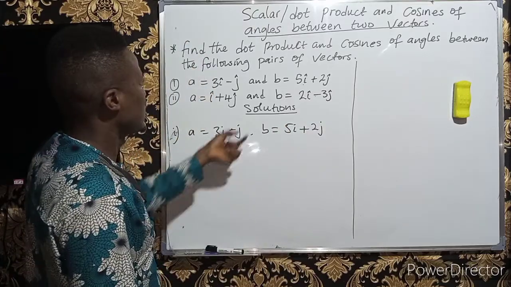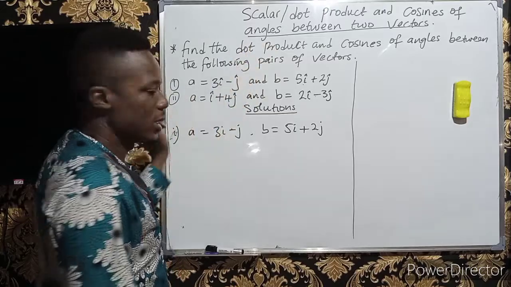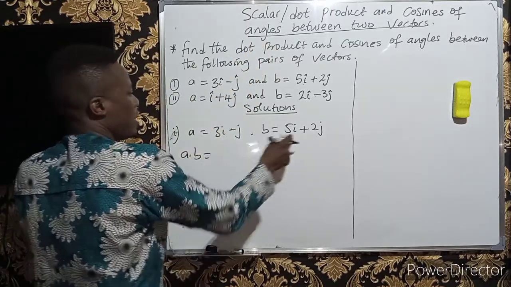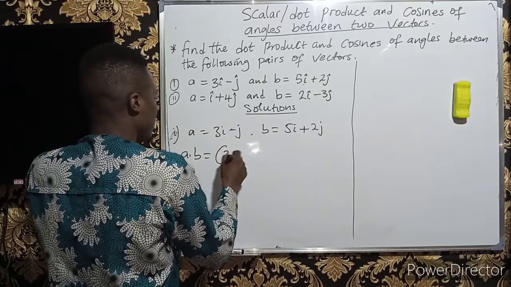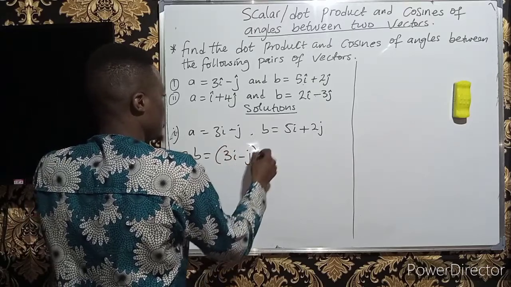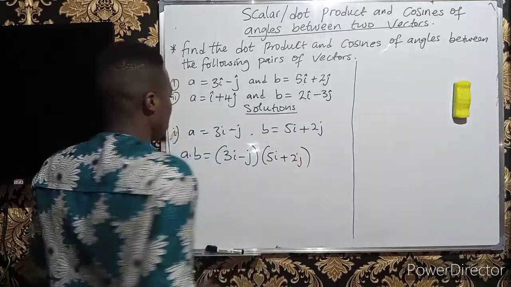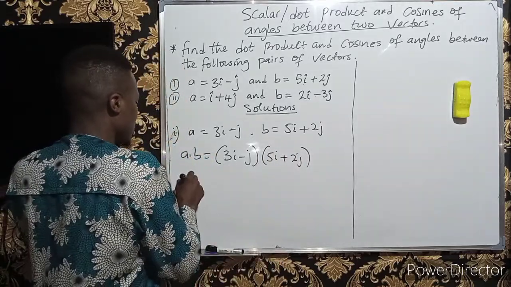First of all, let us get this dot product which they want us to get. Dot product A dot B is multiplying the two vectors. We have (3i minus j) into (5i plus 2j). So let us open the bracket and see what we shall get.